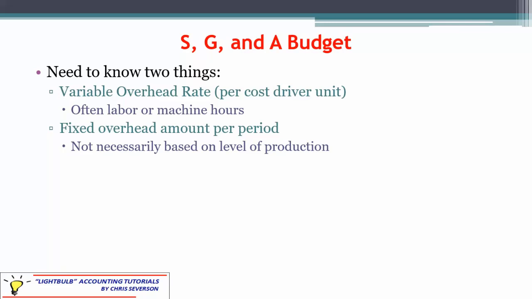And then the fixed overhead amount, which is not really based on the level of production. It's a lot of times based on how much cost you had for that store: the rent for the store, the CEO's salary, all the accounting staff salaries, any of that stuff.